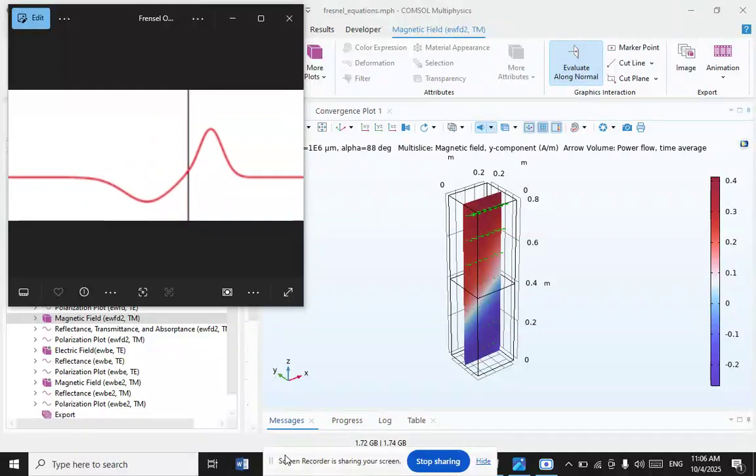When light strikes the interface between a medium with refractive index n1 and a second medium with refractive index n2, both reflection and refraction of the light may occur.